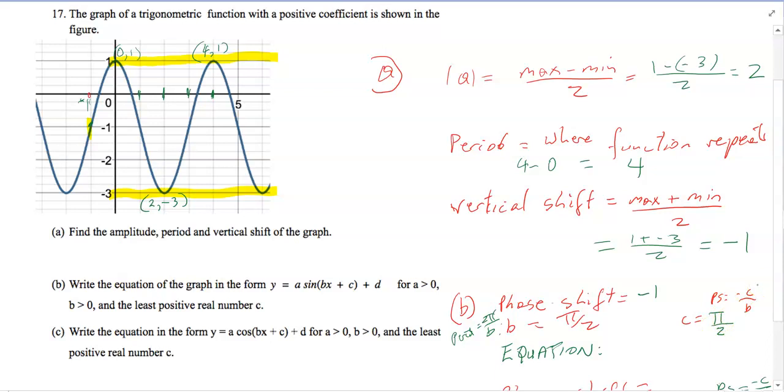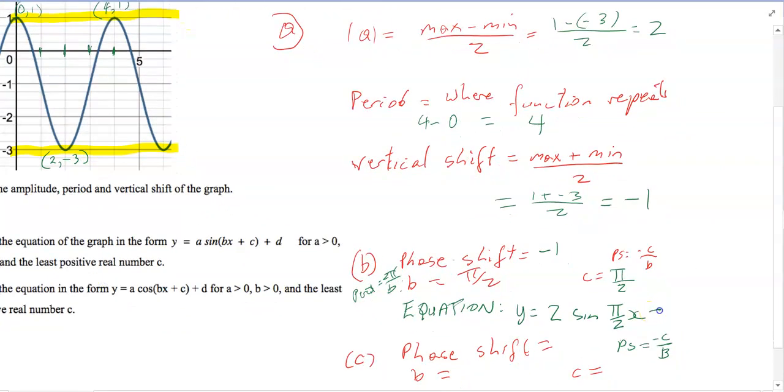All right, so now we have enough information to write our equation because we have our a, and amplitude was 2, and sine of bx, b was pi over 2, so that's pi over 2x.